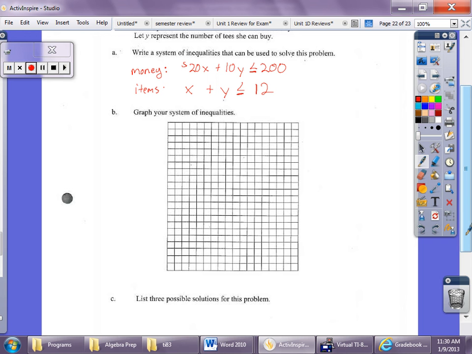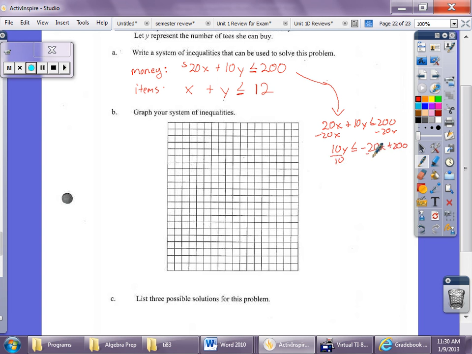Now it says to graph your system of inequalities. Well, in order to graph this, we have to write them in slope-intercept form. So this first graph, money, to write in slope-intercept form, we have 20x plus 10y is less than or equal to 200. Subtract your x. So 10y is less than or equal to negative 20x plus 200.